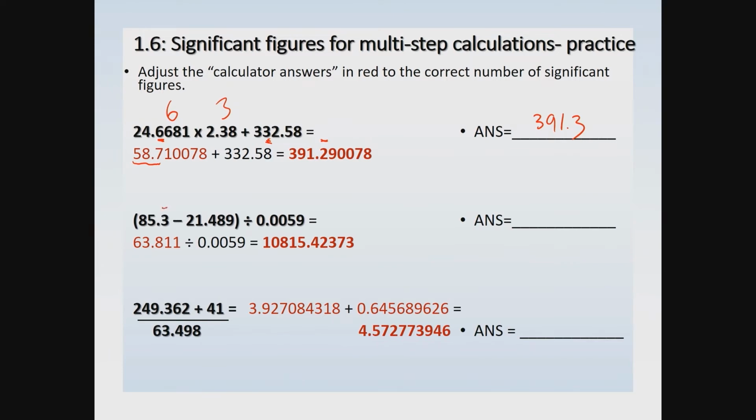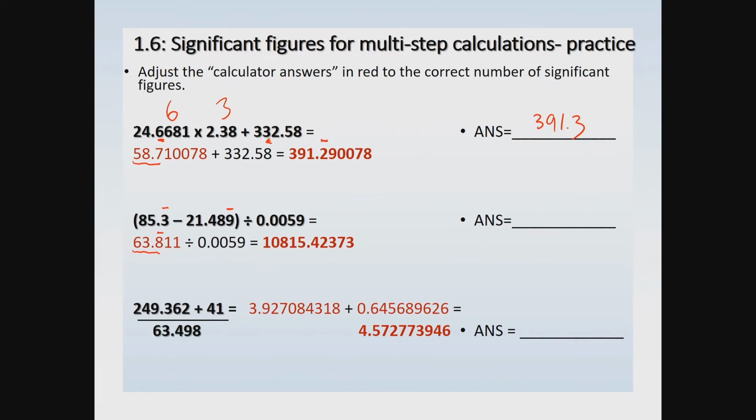There's an uncertain digit here in the 10th place with the first measurement, and then we have an uncertain digit in the 1000th place in that next measurement. And so if we were going to round 63.811, I'm hoping you'll know at this place that you would round to the 10th place. And so what that indicates is if we were to round, we would get an answer with 3 significant figures. But again, this is in your calculator and you're not going to round it.